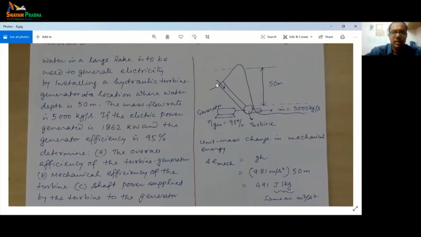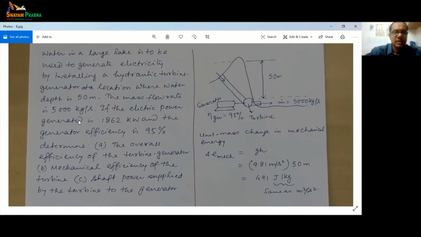So here we have a lake, and this is another lake, where there is a difference of 50 meters. The mass flow rate is 5000 kg per second. So if you have a tunnel and some duct connecting through the turbine, the mass flow rate there is 5000 kg per second.